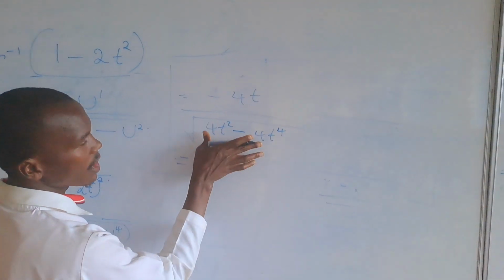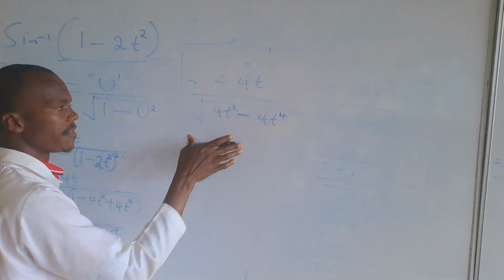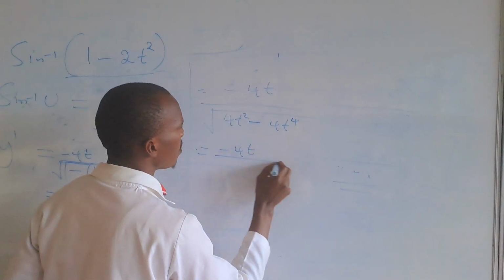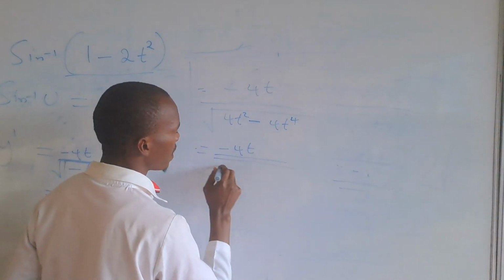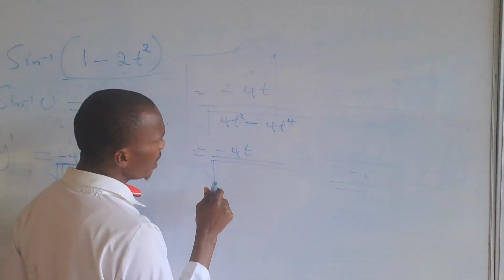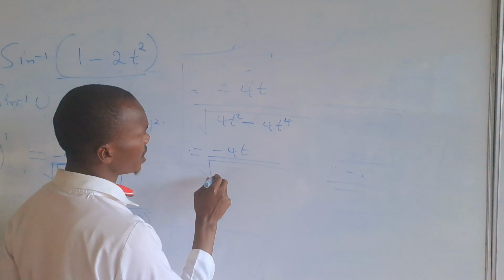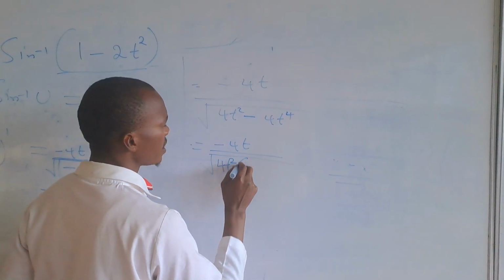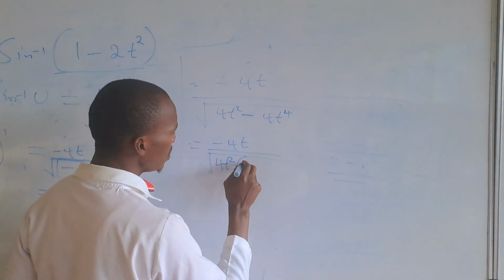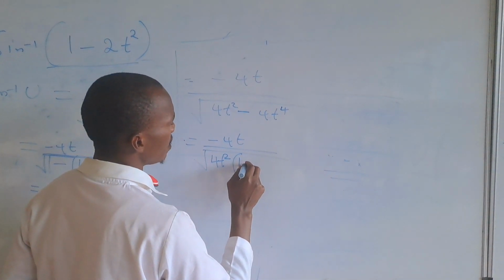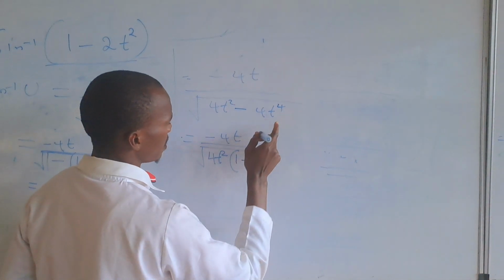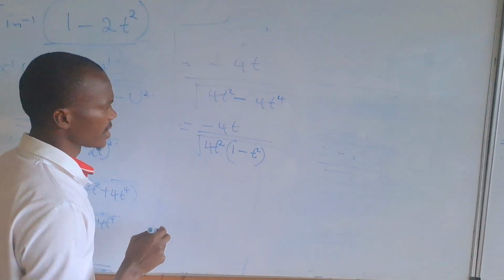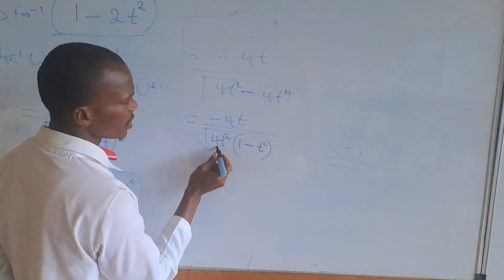So therefore, we can factorize the figures under the square root. So we'll have negative 4t over, what is common here under the square root is 4t squared. So we'll have 4t squared into 1 minus t squared, like that. So we can get the square root of this one.